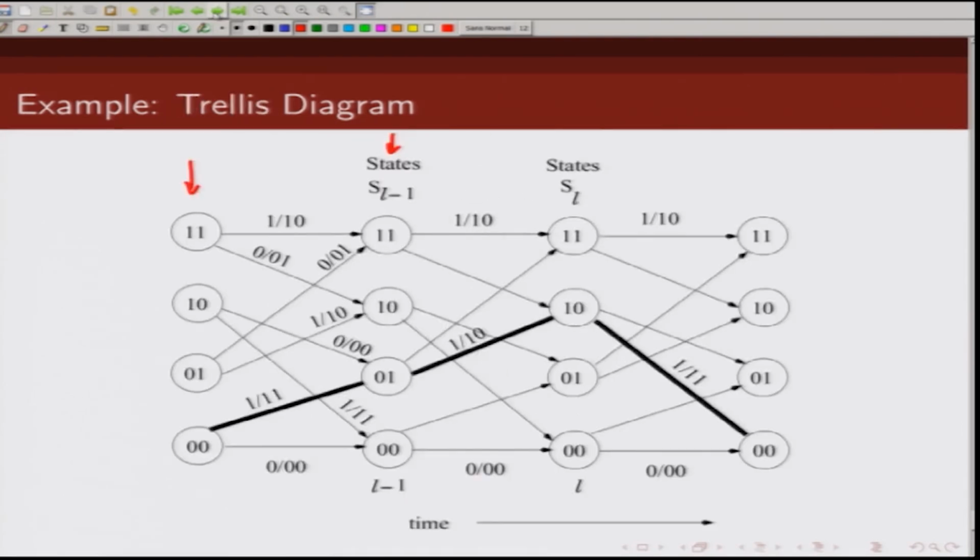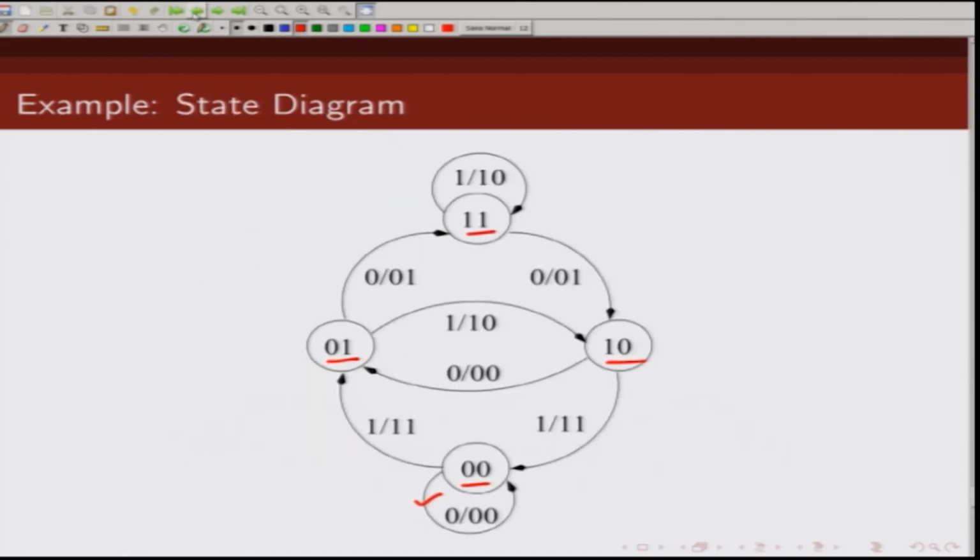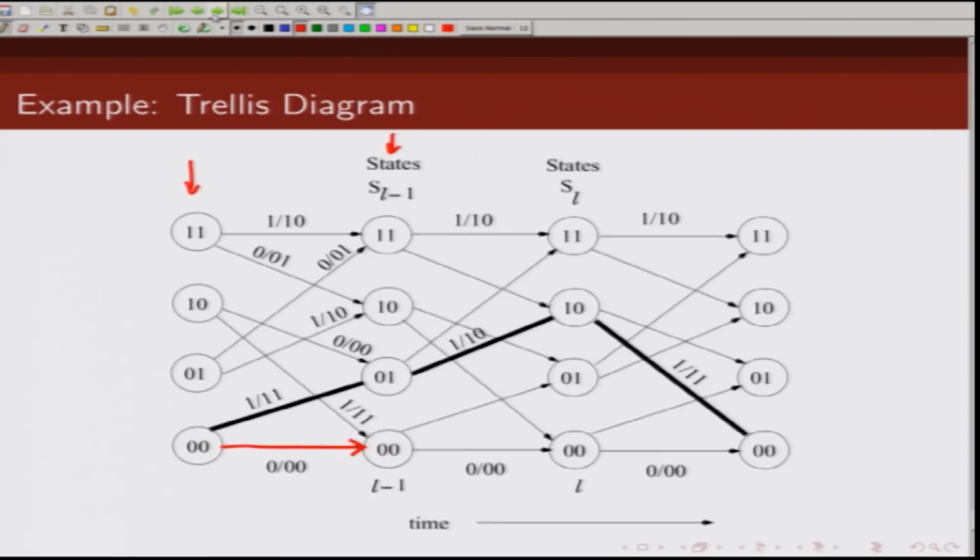This is shown by this transition. Now, if you get a 1, you move to state 0 1 and the output is 1 1.